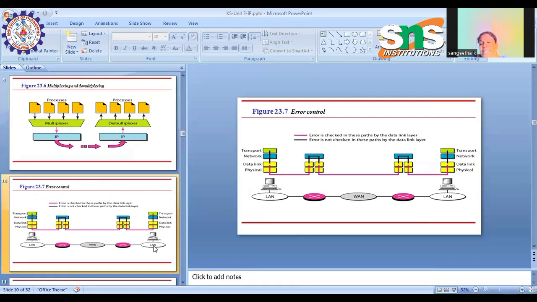So in the upper layer, the transport layer provides an error control mechanism. In the lower layer, the data link layer also provides error control mechanisms. Here, errors are checked by the data link layer. Then the communication takes place across the transport, network and data link layers, and on the receiving side also.